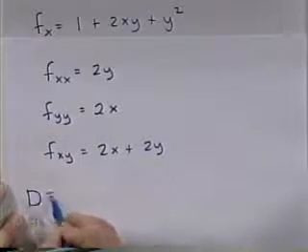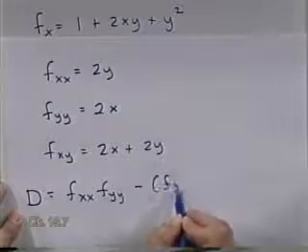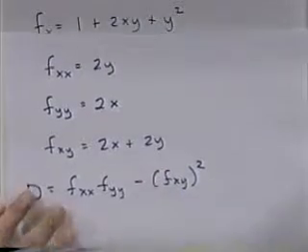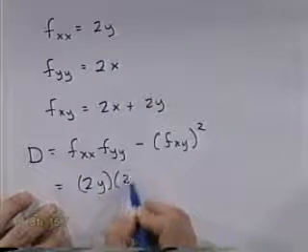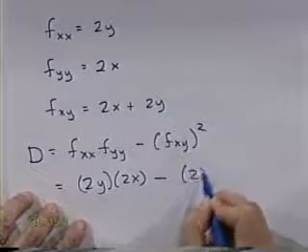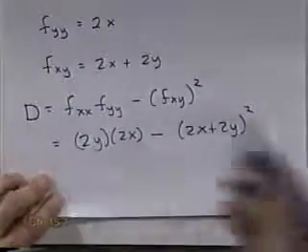So my big D, which is fxx times fyy minus quantity fxy squared, is going to equal 2y times 2x minus quantity 2x plus 2y squared. Well, we could take a minute to simplify this.